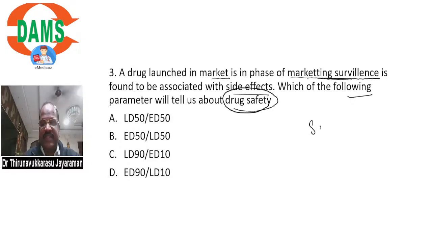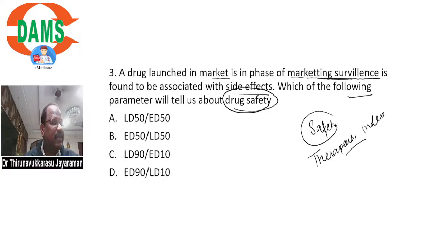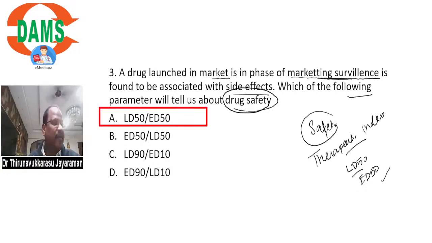When I say drug safety, the safety of the drug is governed by therapeutic index. Therapeutic index formula is LD50 by ED50. So the answer will be option number A. Very good.